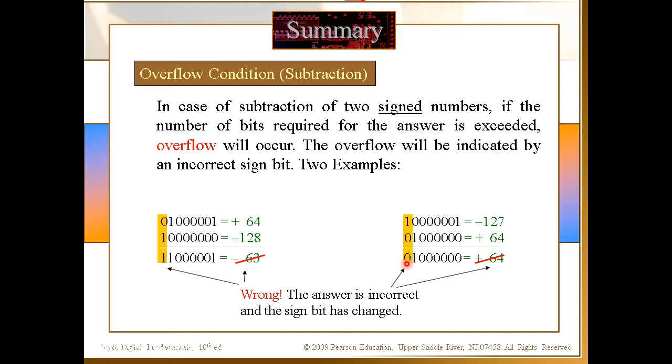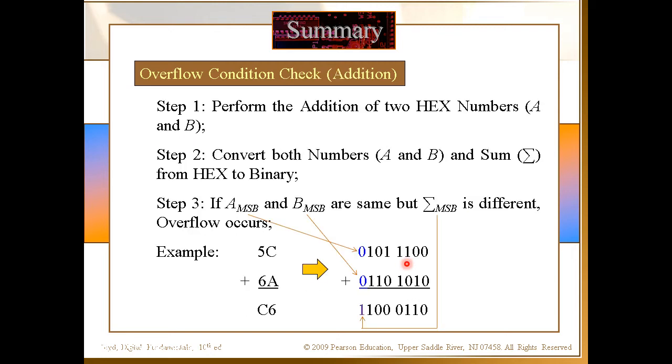Now, in the next couple of slides, we'll show you some very easy techniques that you can use to identify the overflow condition. Now, here is the technique. This technique is for addition. To make it simple, we'll be writing the numbers in hex. We perform the hex addition for the two numbers at the beginning.